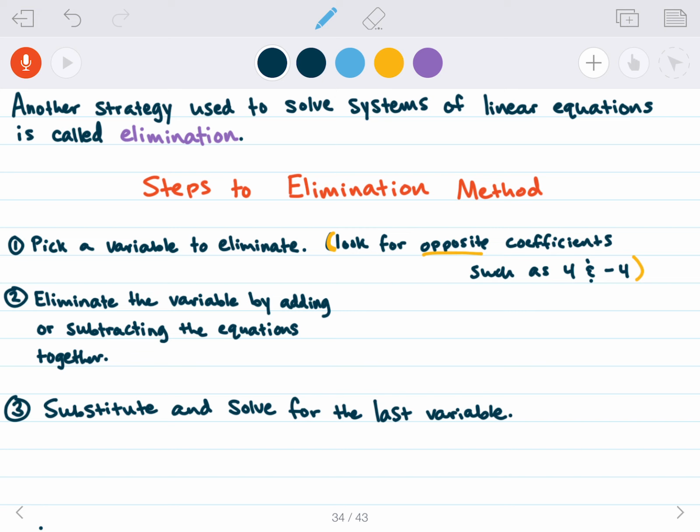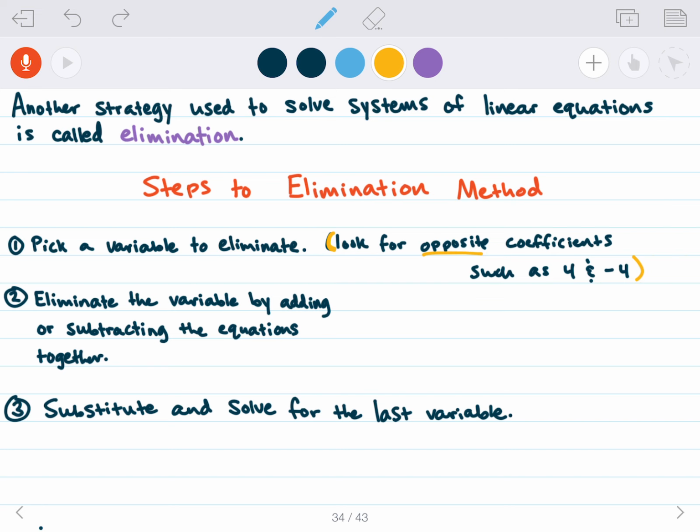Here are the steps for elimination. I want you to write these down, and we're going to employ these in the next few problems. The first thing we're going to do is pick a variable to eliminate. What we're looking for, and I'm going to mention this several times, is equal but opposite coefficients, such as 4 and -4, 10 and -10, 1 and -1.